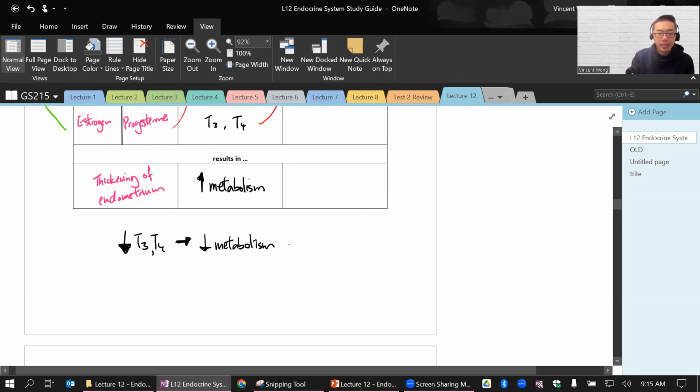And what happens after a drop in metabolism? Right, you would increase the release of TRH from the hypothalamus, right? And then when you increase TRH, that's the signal for the anterior pituitary gland to release TSH.